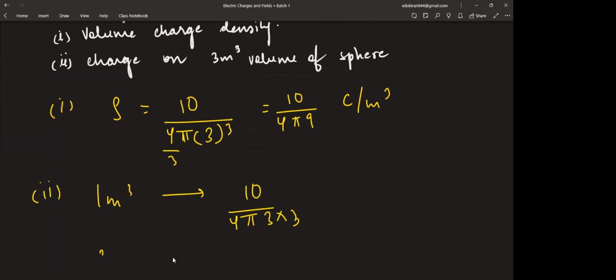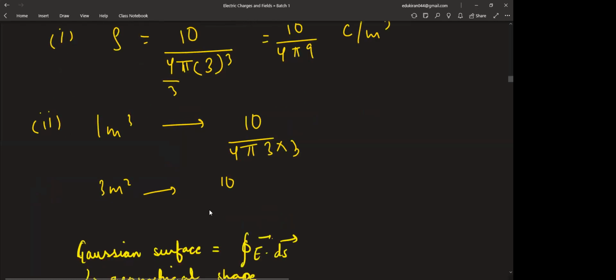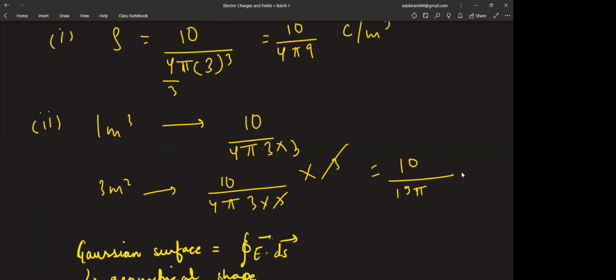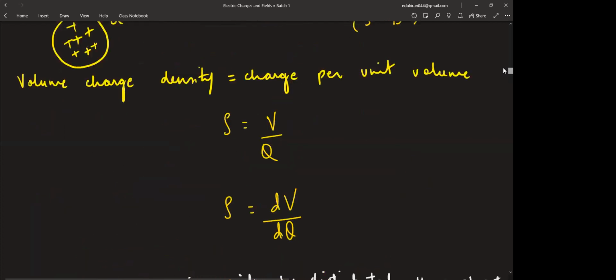So for 3 meter cube, it would be 10 divided by 4 pi into 3 into 3 into 3. That is 10 by 12 pi. Write this quickly, class.